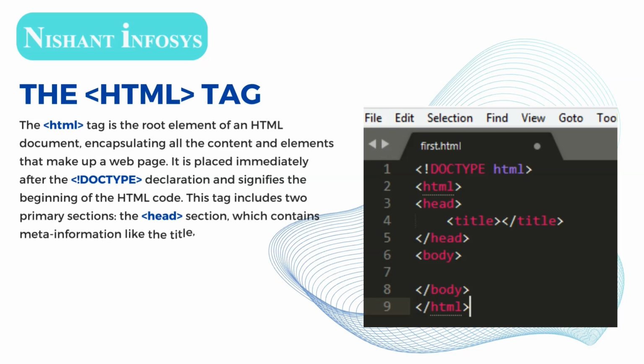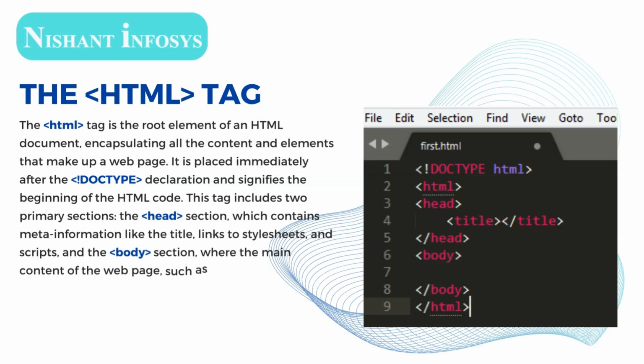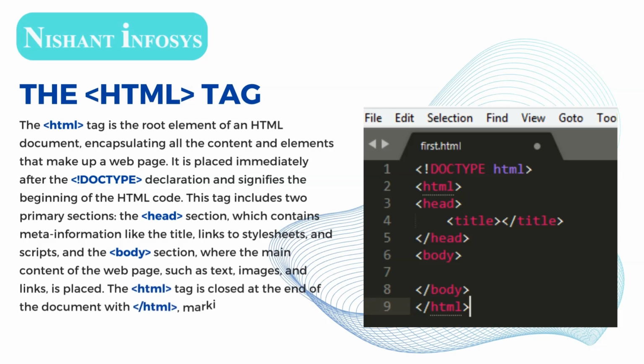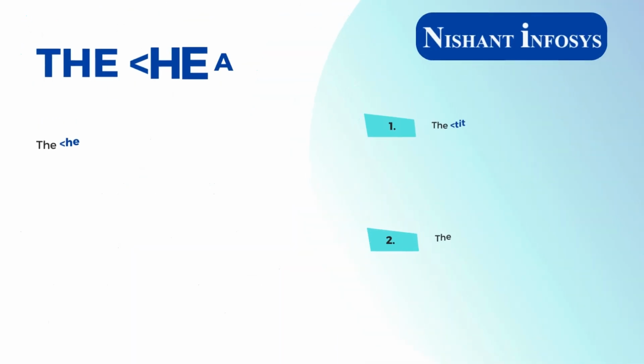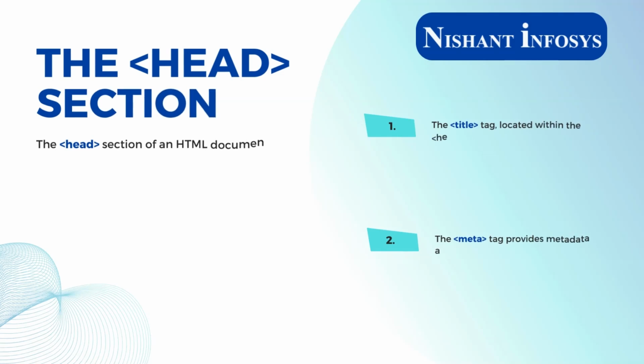This tag includes two primary sections, the head section, which contains meta-information like the title, links to style sheets, and scripts, and the body section, where the main content of the web page, such as text, images, and links, is placed. The HTML tag is closed at the end of the document with </html>, marking the end of the HTML code.